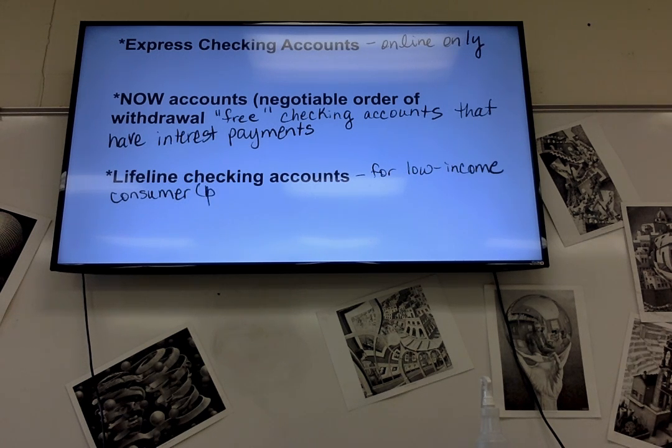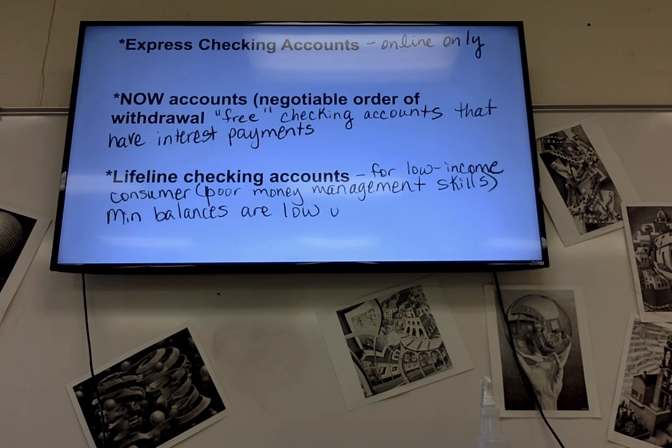But people with poor money management skills, or have just had some kind of problem in the past that ended up making their last checking account blow up on them. With these, there are minimum balances usually, but they're low.